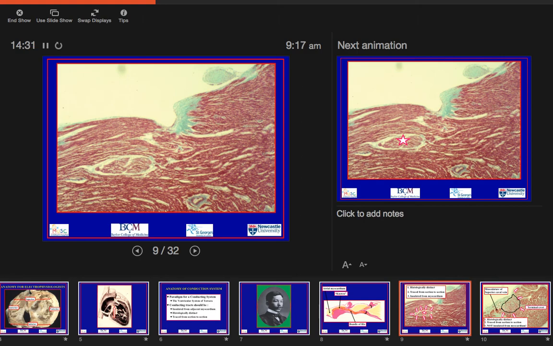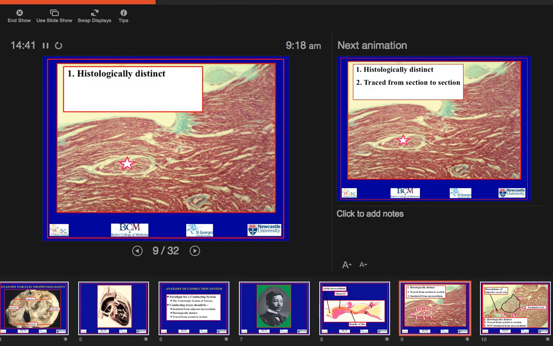So here is a section through the ventricular septum. And you can see that within the ventricular septum there is a little bundle of cells. And those cells are histologically distinct. If we take serial sections, we can trace that bundle as it moves from the crest of the ventricular septum towards the apex.